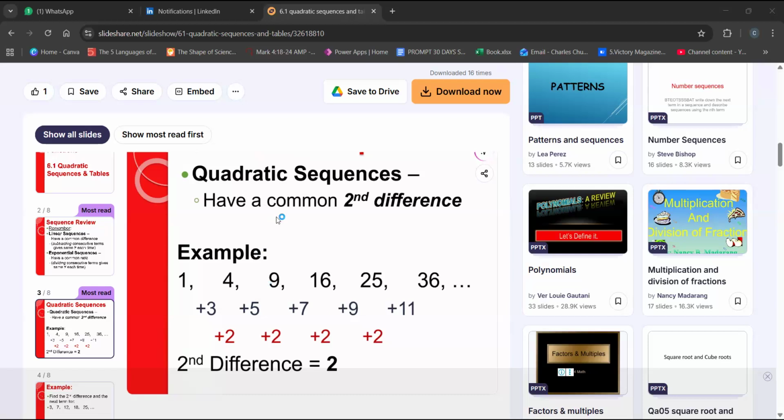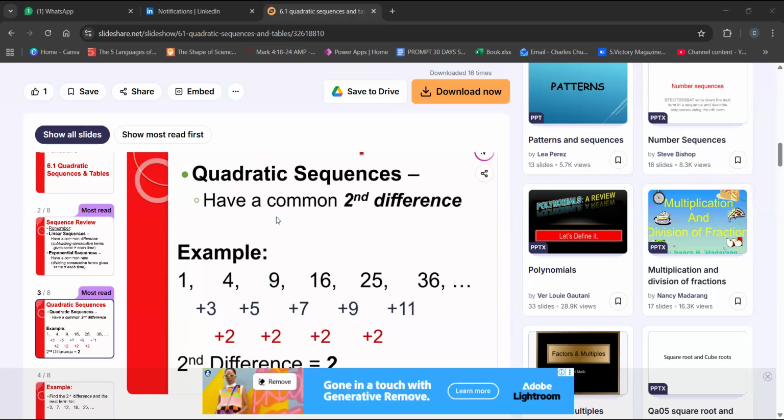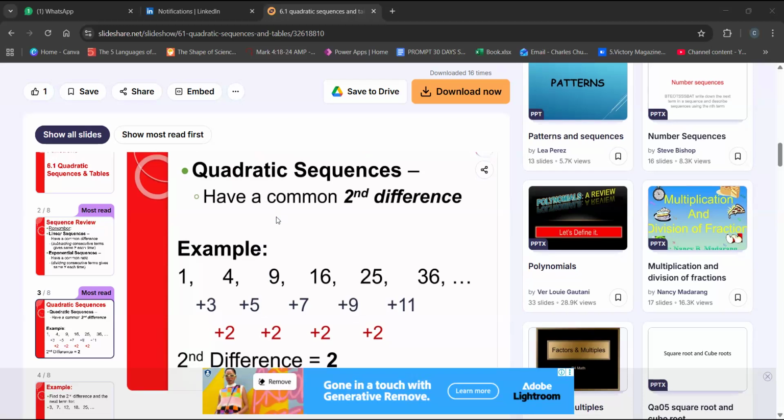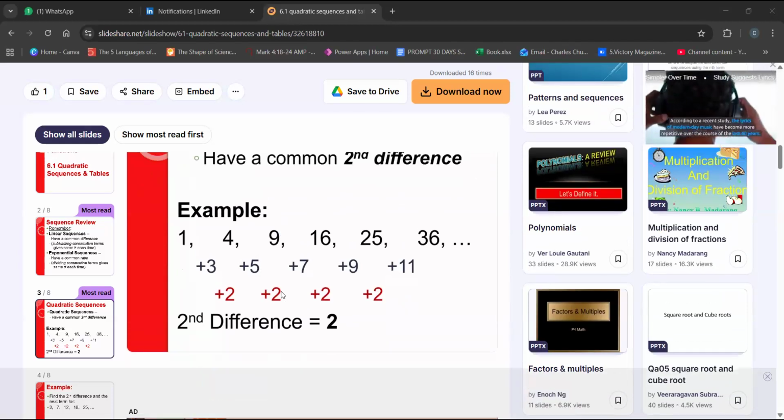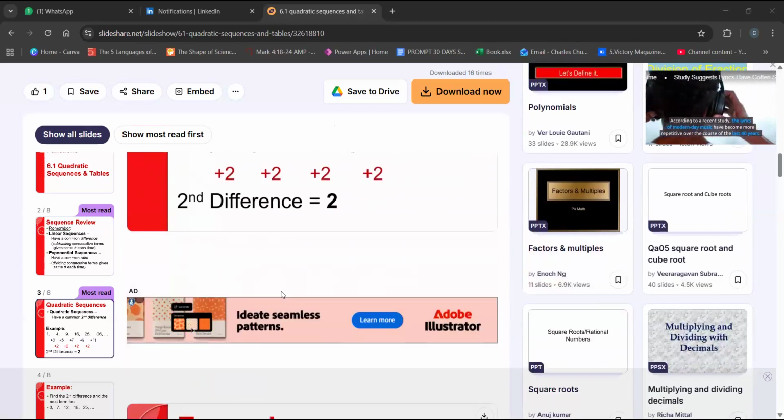Quadratic sequences have a second difference. So that's line one, where the difference between the first terms is three, and then the next is five. So it is increasing by two. So the second difference is two.